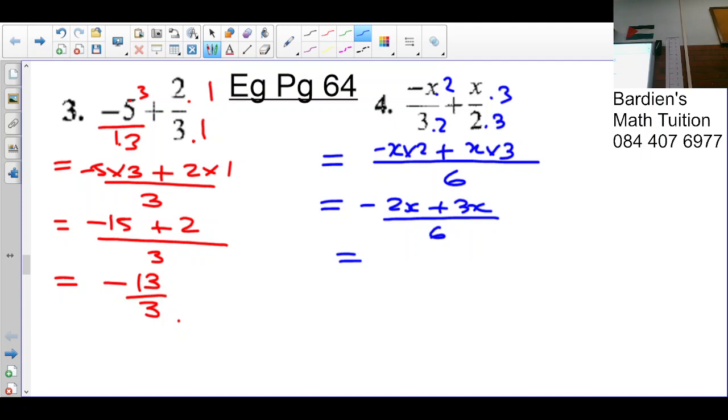What is minus 2 plus 3? 1, yes, 1 is correct. I thought you were going to say 5. Negative 2 plus 3 is 1, not so? I told you don't use your head, use your number line. So negative 2x plus 3x is positive 1x, or positive x over 6.